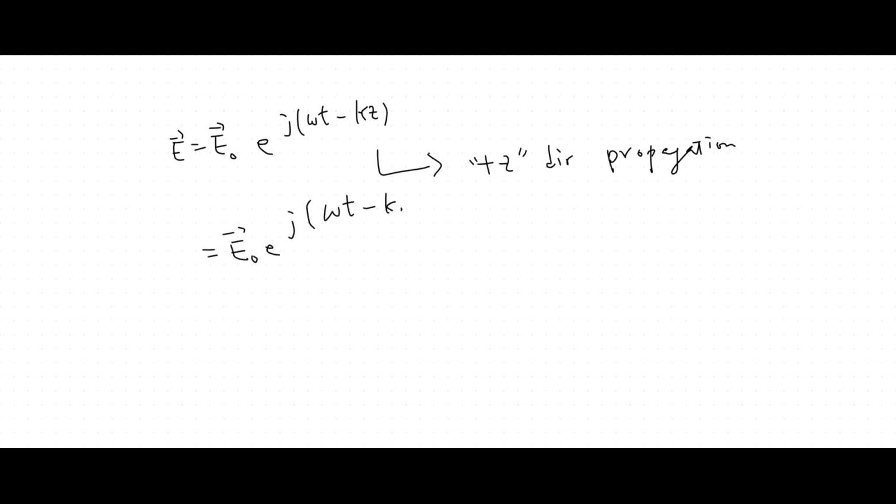That's for a three-dimensional wave, right? And this is only in one direction, the z direction. So what does k dot r mean? What is k? Well, k is what we call the wave vector. What is the wave vector? The direction just gives me the propagation direction.